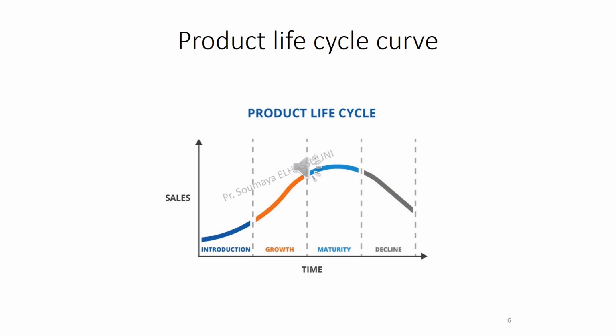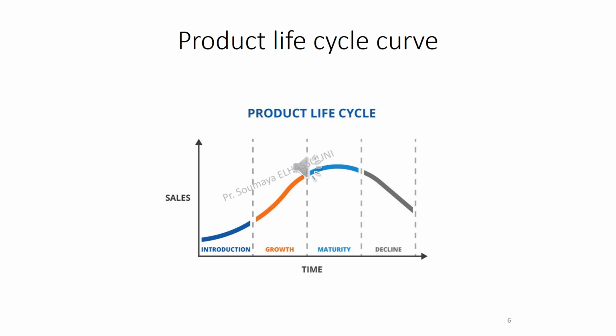In the maturity, as you can see, the sales do not decrease, but stay at the same level. So it doesn't decrease, but it doesn't increase, because in this stage the market is saturated, which means that you cannot gain more customers.